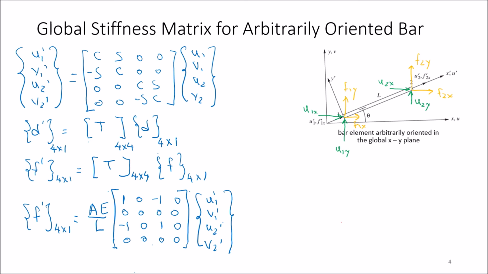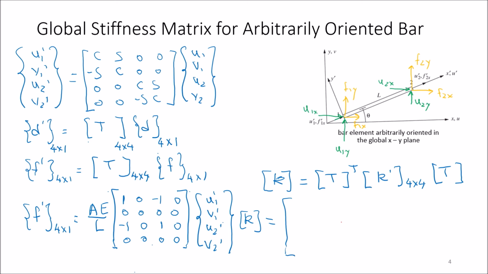So now to solve for k with respect to the global axis, I have k is equal to the T transpose multiplied by this k prime, the 4 by 4, multiplied by T. When we do the math here, we are going to solve for this k with respect to the global axis.